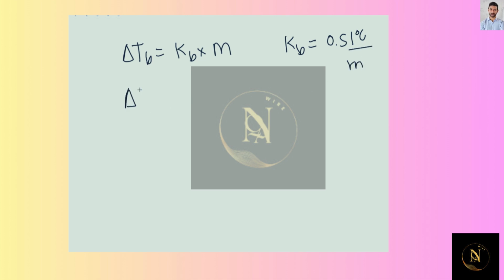So to find the temperature our solution is going to boil at, we do 0.51 C times our molality, which was 0.2114. And when we plug that into our calculator, you get a delta TB of 0.1078 degrees Celsius.